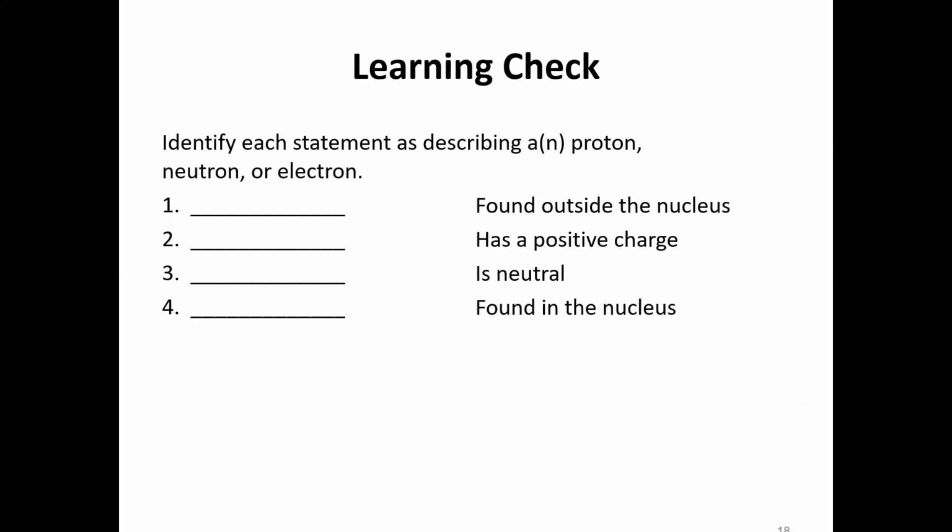If it's outside the nucleus, it would be an electron. If it has a positive charge, this would be a proton. If it is neutral, it has no charge, that's a neutron. And found inside the nucleus? Don't be tripped up here, there are actually 2, protons and neutrons.